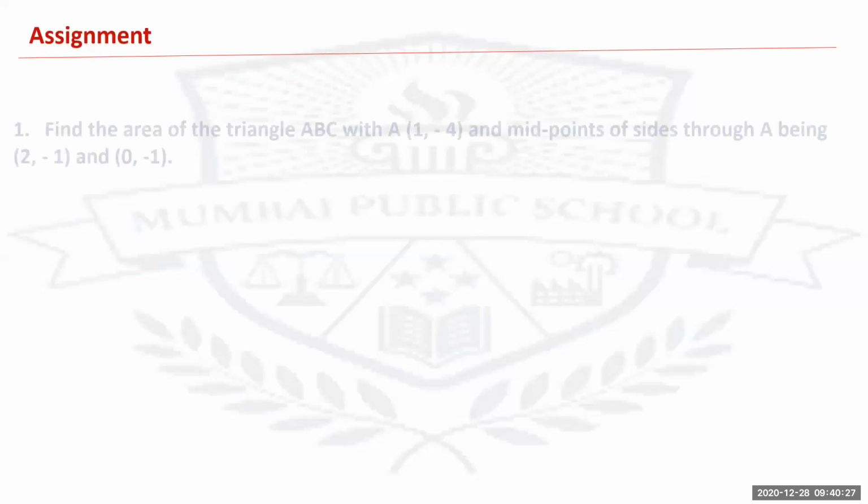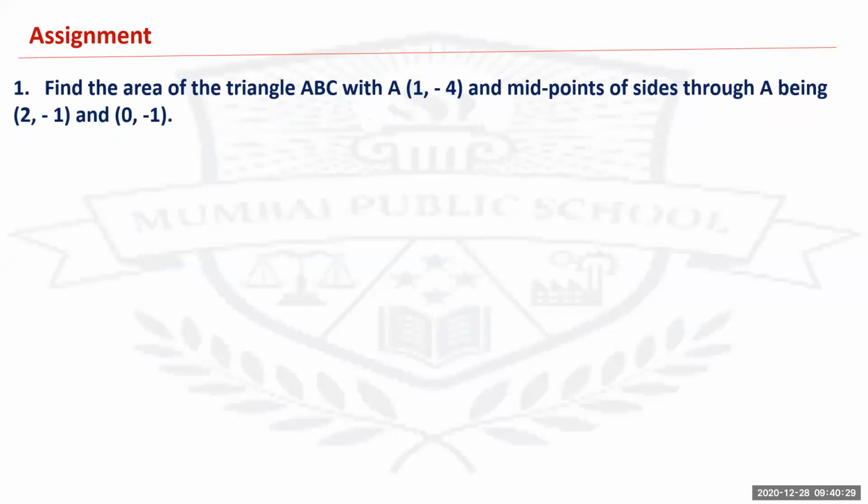Assignment for you all. You have to find the area of the triangle ABC with A 1 comma minus 4 and the midpoints of the sides through A being 2 comma minus 4 and 0 comma minus 1. So this you have to use to find the area of the triangle.